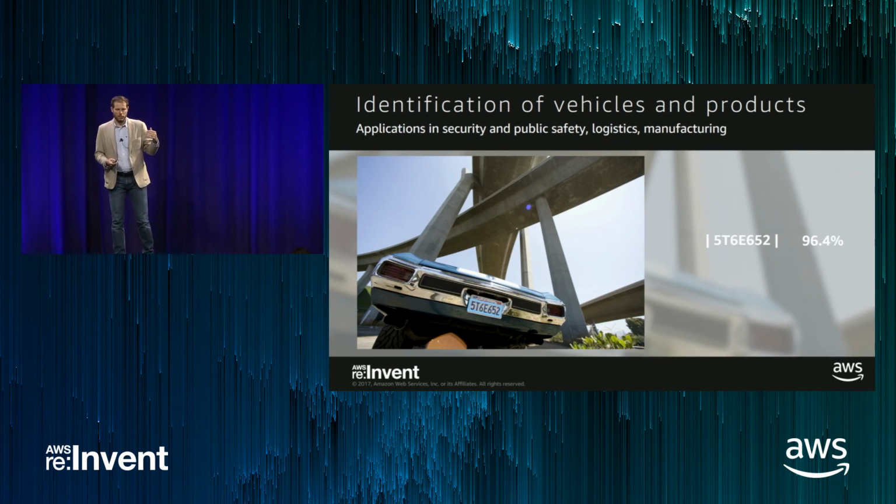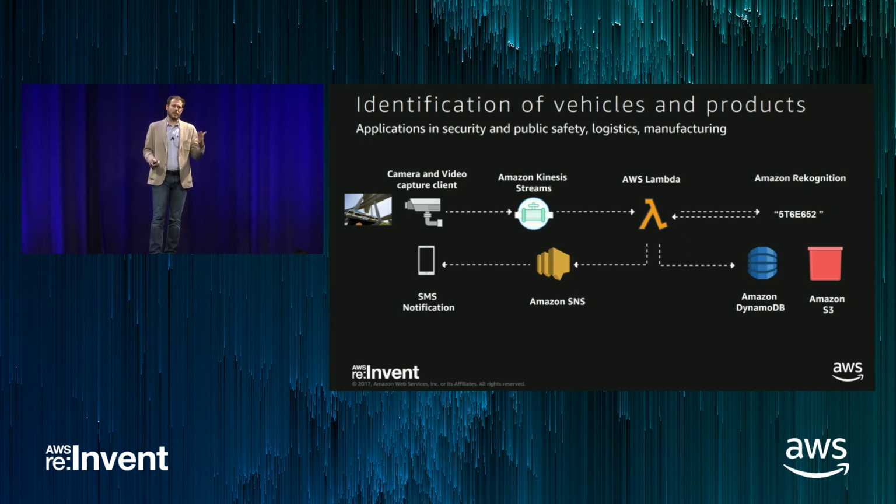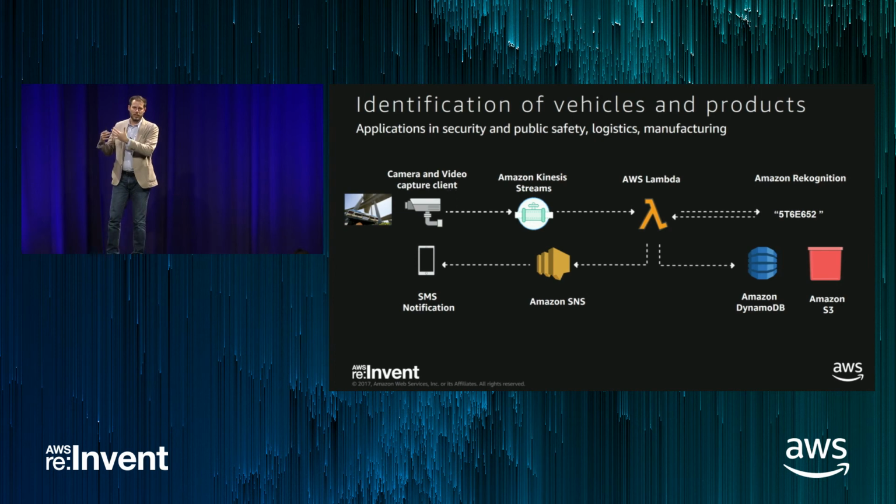So an application that we will see, like an architecture that we will see here, is actually streaming and capturing frames from cameras on the streets, analyzing them with Rekognition, and detecting there is a license plate, that is the number, and then persisting it in DynamoDB or S3, and then notifying maybe the user. And you can match maybe the number with a table that says for this vehicle, this is the owner, this is the model, and whatnot.